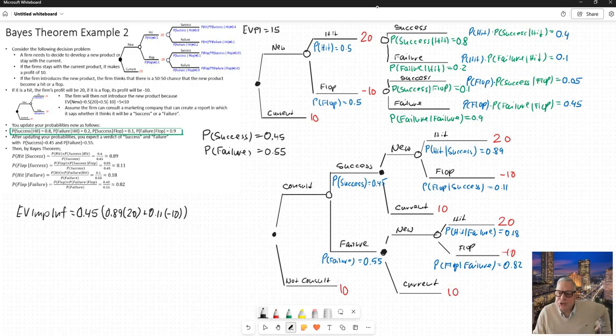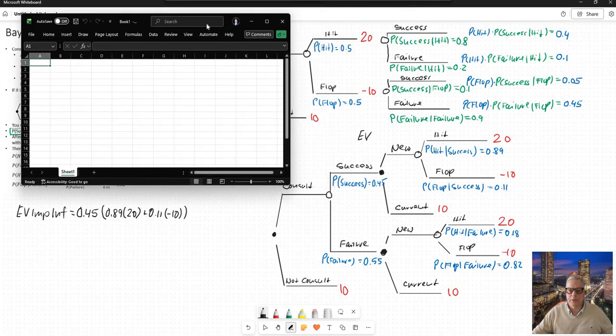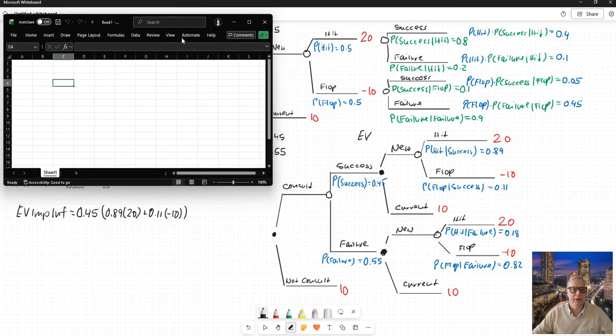So how big is this? The expected value of consult and success: they tell us it is a success, so it's 0.89 times 20. Actually, let's quickly calculate it in Excel.